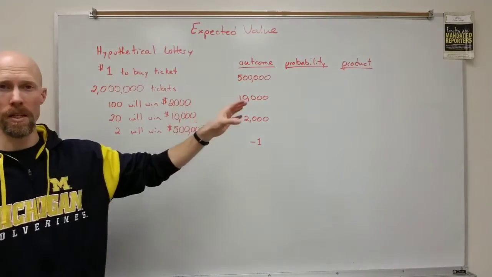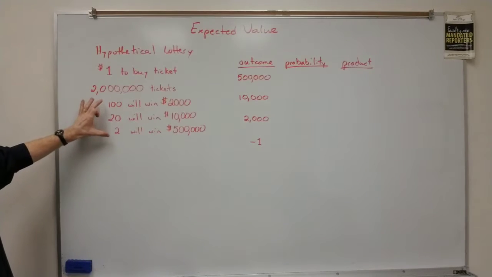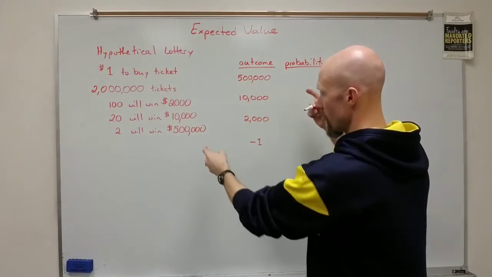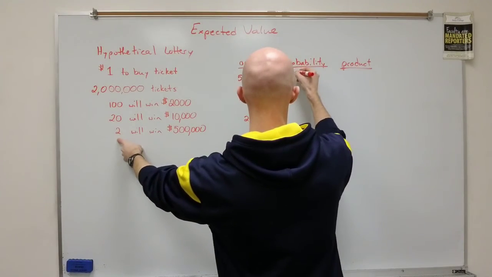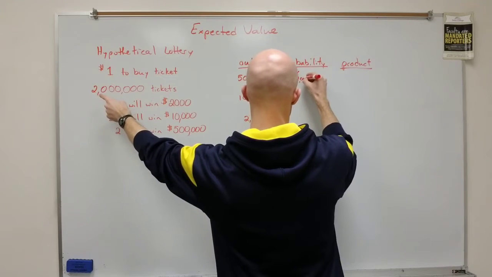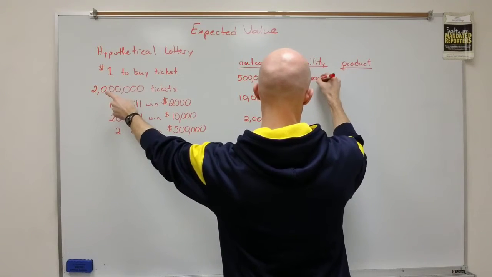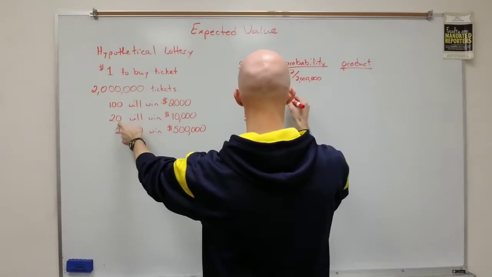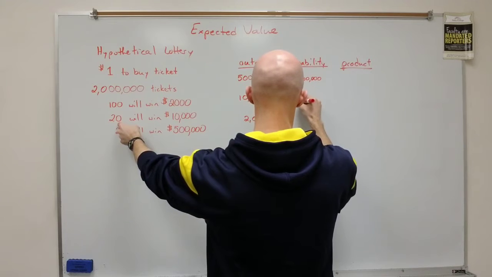Now the probabilities are based upon the number of winning tickets out of 2 million. The probability of getting 500,000 is going to be 2 out of 2 million. The probability of getting $10,000 is 20 out of 2 million.